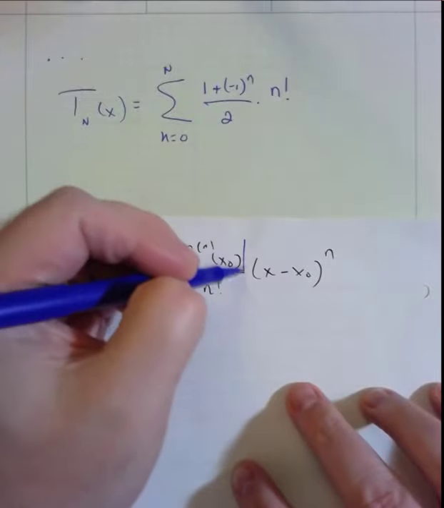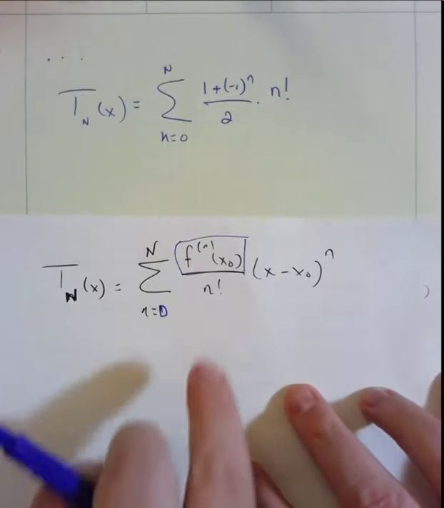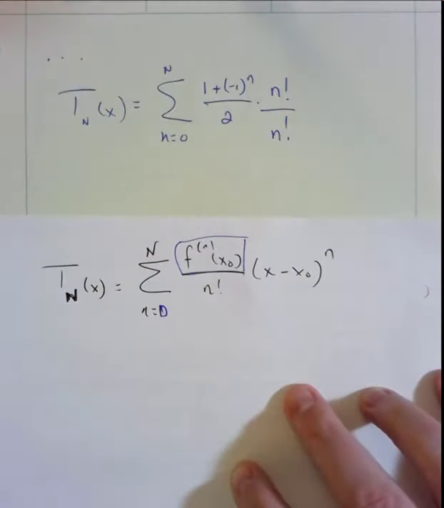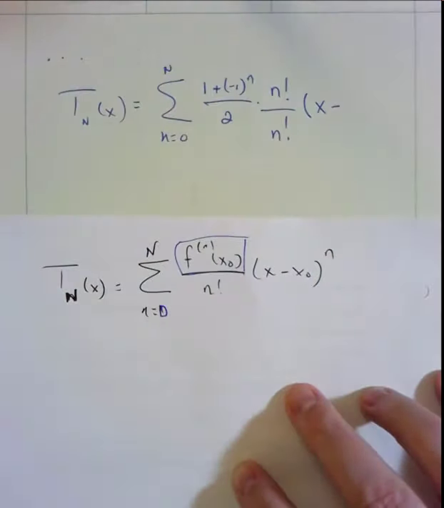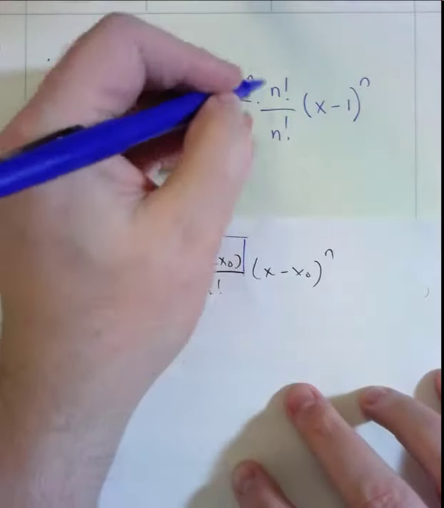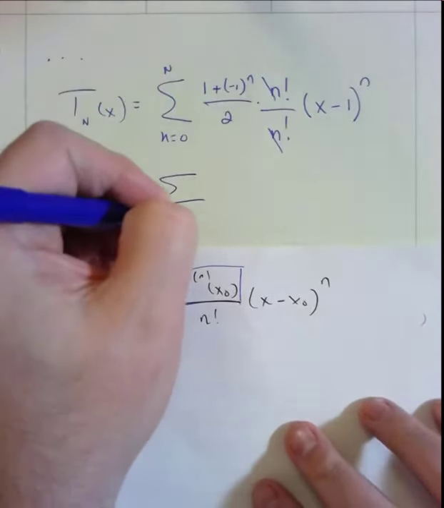That much of it is what we just generated out of that table. When we're loading up our template, this now has to get divided by n factorial. How about that? And then x minus our anchor point, x equals 1, to the nth. Cancel, cancel. Get rid of this.